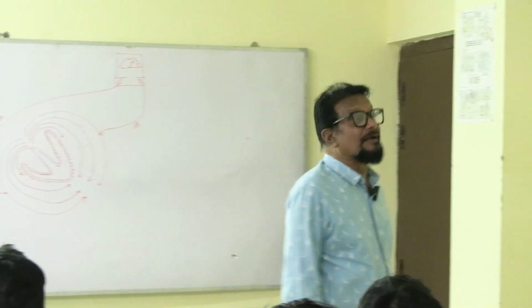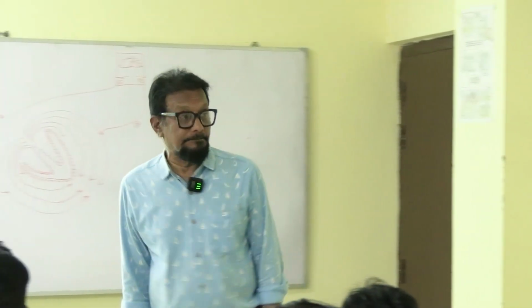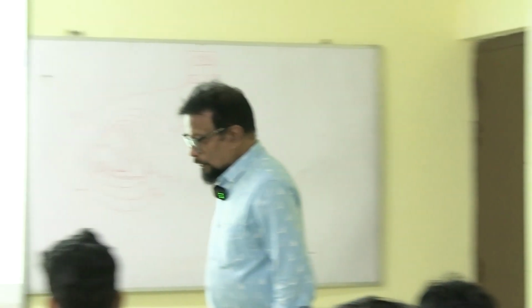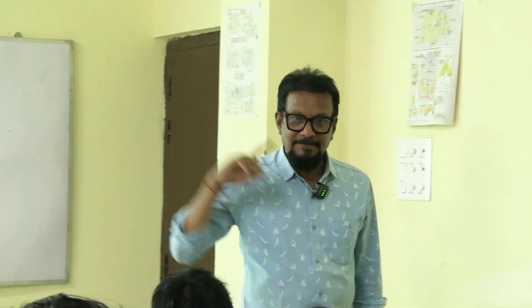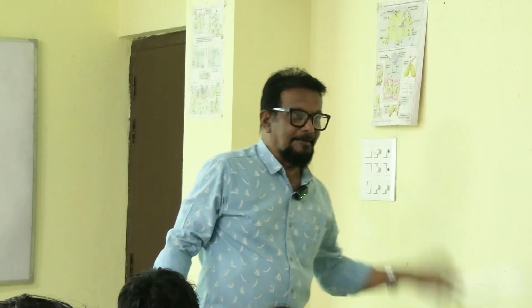Now let's see the different lead systems. There are two types of lead system we usually use: one is unipolar, another is bipolar. First, let us understand bipolar. This is simple: one negative, another positive. In the bipolar system, we use three limbs: right hand, left hand, and left leg.